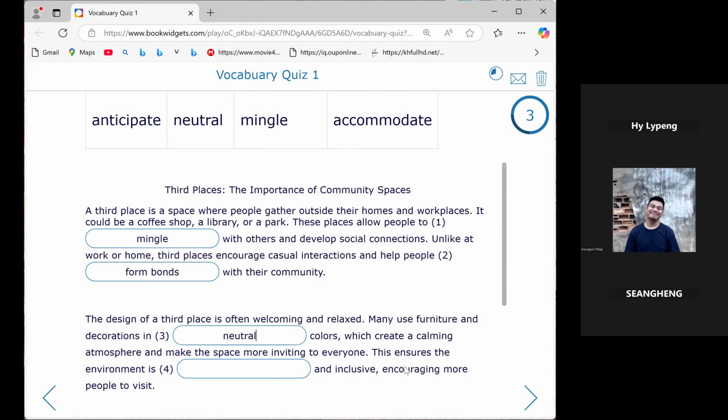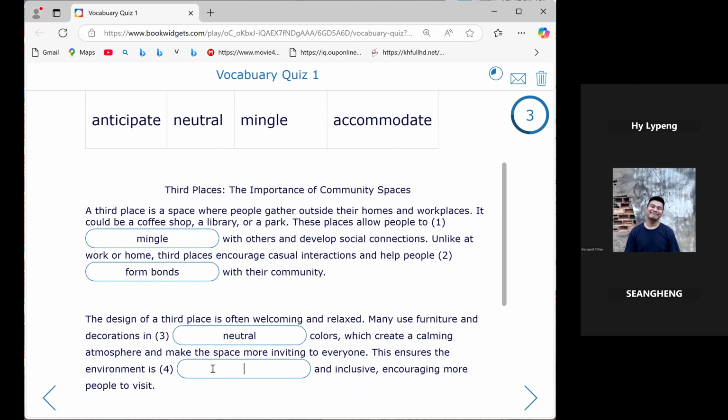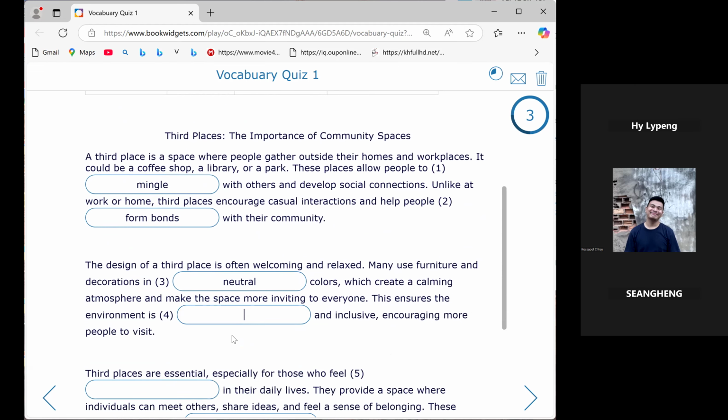Calming atmosphere, and make sure that the environment is appealing. I think appealing, yeah. Yes.